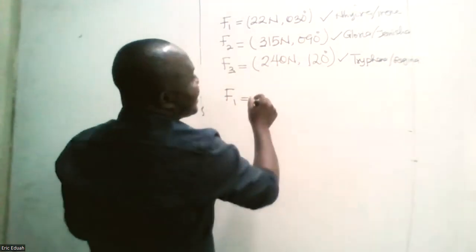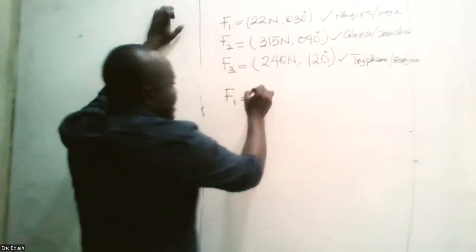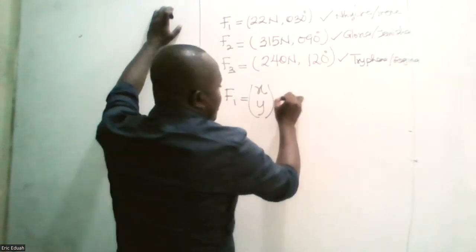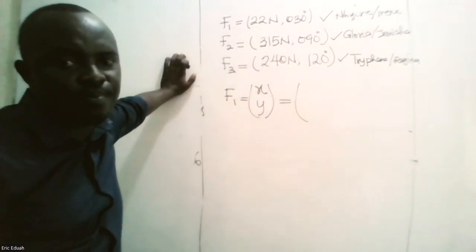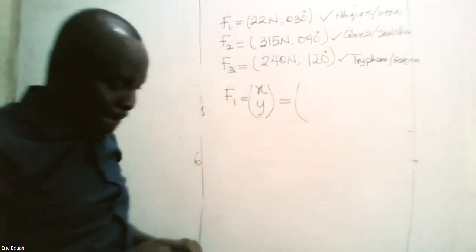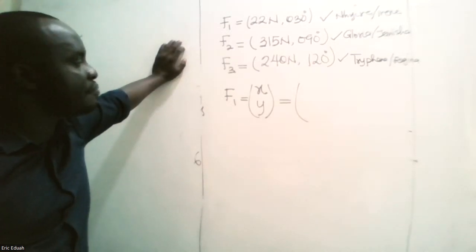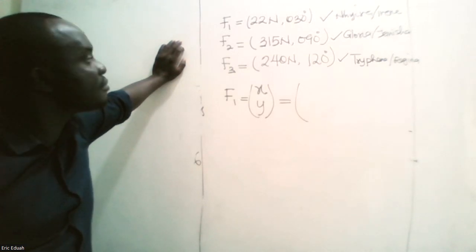So, Inshira and Irene, what did you get from the X and Y component of F1? Inshira? I got F sin 30.